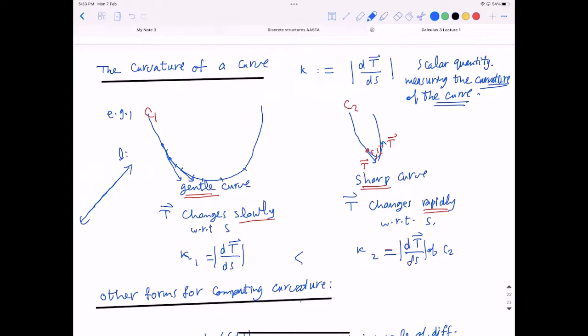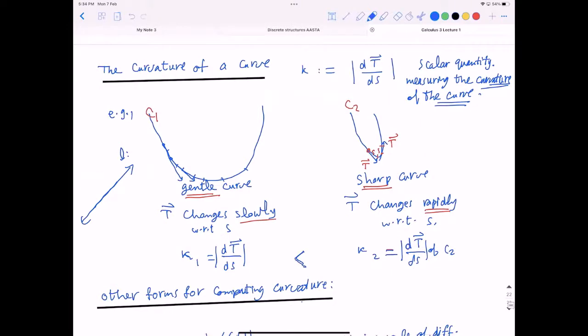This is bigger curvature. So you feel when you drive along a sharp curve, it's very difficult to drive, very dangerous to drive along. So some calculations and measures should be made before doing the curvature of the curves.